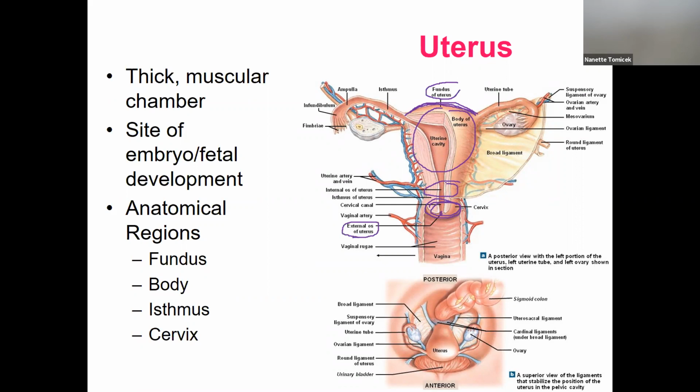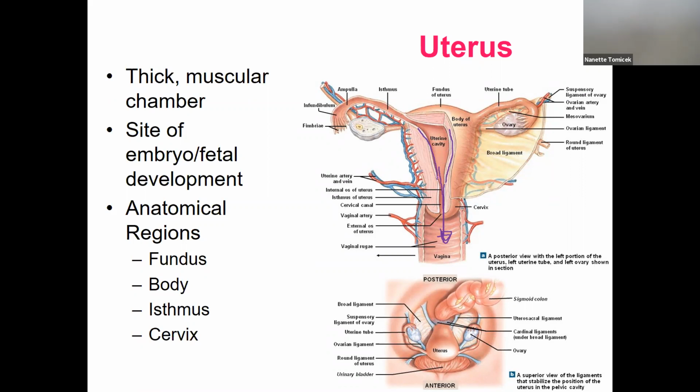This is where the embryo, well, it's going to be a fetus by the time it's fully grown, that's where the fetus is going to pass through. This is where any ovulated but unused, unfertilized eggs are going to pass through. And then we're going to talk about these internal layers of the uterus, which create a lining that is shed monthly during menses if pregnancy does not occur.